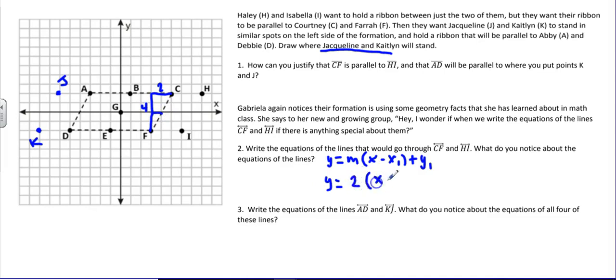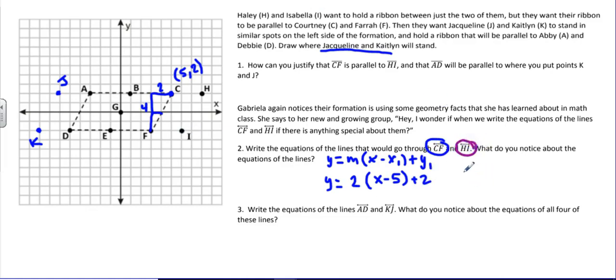I'll have x minus, and then I need a point here. So let's just use point C. That's 1, 2, 3, 4, 5 over, and up 2. So 5 plus 2. So that's for CF. Next, I'll do HI.